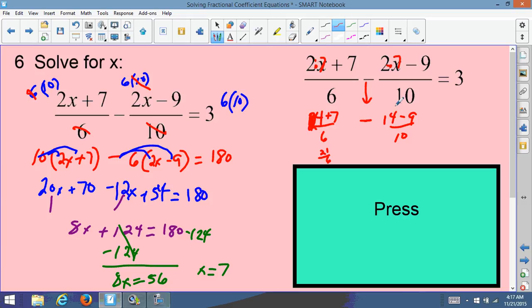And that's 14 minus 9. 14 minus 9, I believe, is 5. So we have 21 minus 5 equals, oh, wait a minute, and that's over 10, not 6. It's over 10. So we have 21 over 6 minus 5 over 10. And let's see, we've got to get a common denominator.